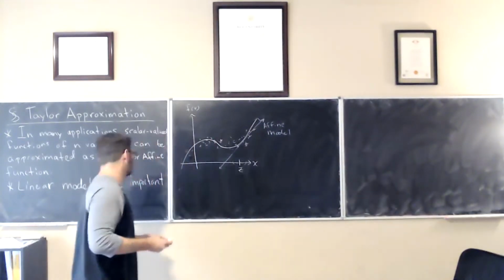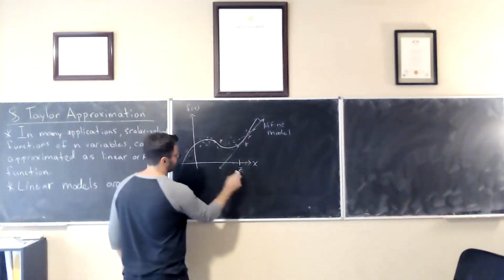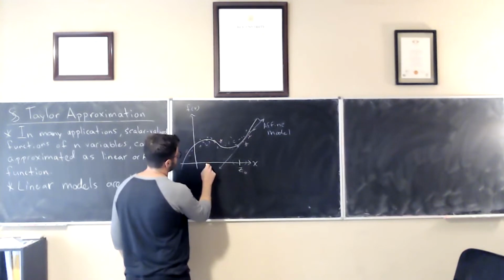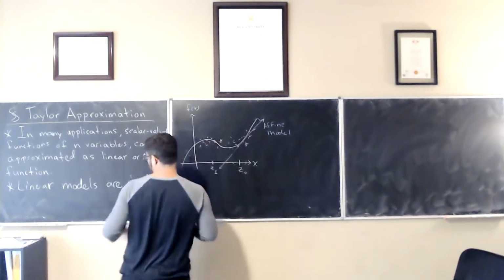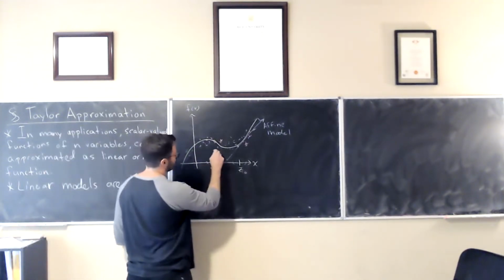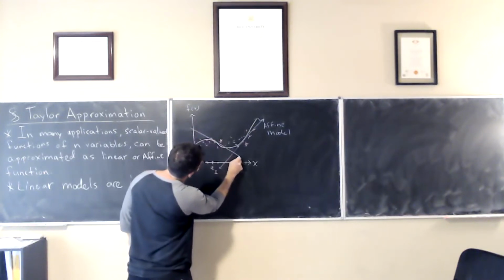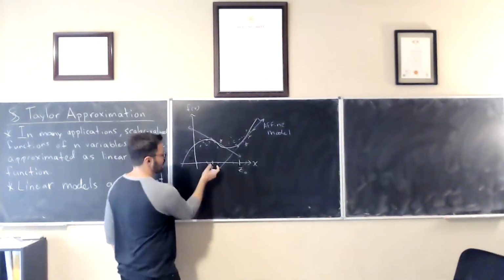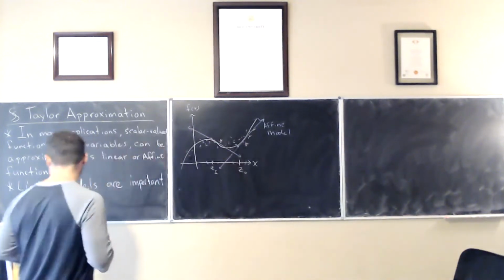And maybe there's another point, z1, right here, and we want to model the data around z1. Then we can make another function, and around z1, they're basically matching up.